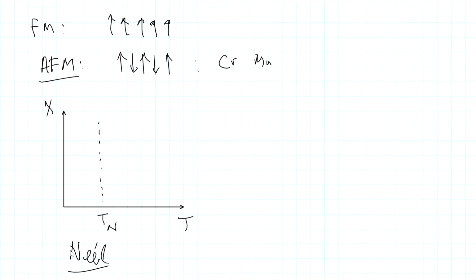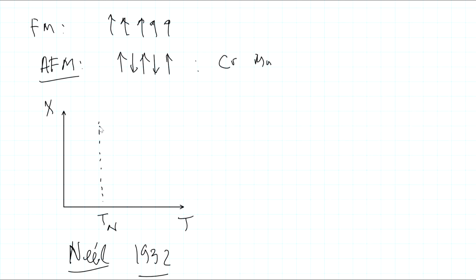And N stands for Néel. So that's Néel temperature. And this is a scientist who worked on the theory of antiferromagnetism. So in 1932, that's almost 100 years ago, he came up with his law that describes the antiferromagnetism.